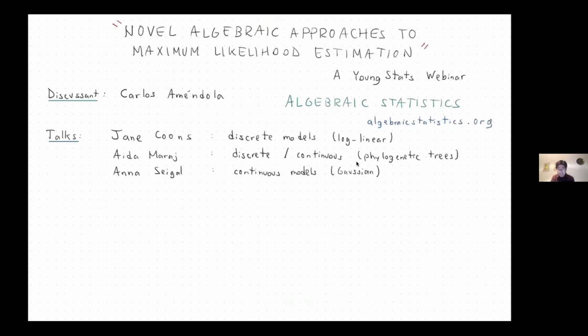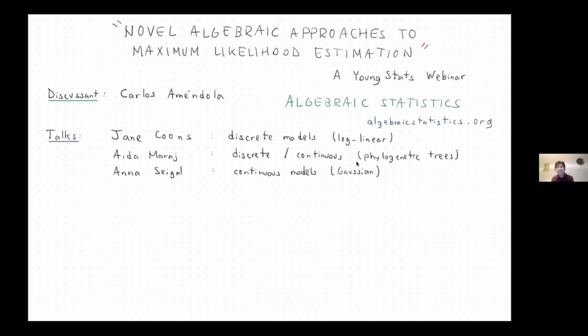And then we finished with Anna telling us about more continuous models, in particular some Gaussian models and some specific symmetries. And you could see that all of them had some graphs in a sense.